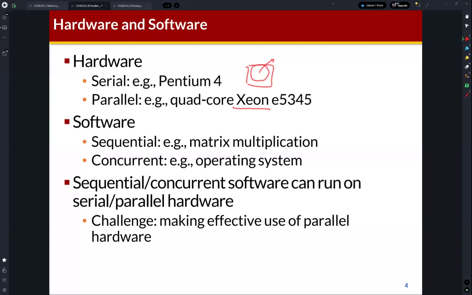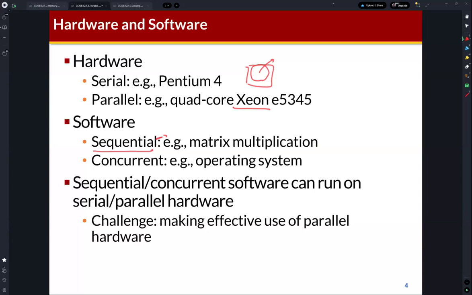And how can we categorize the software, like the sequential software? It means that a single software will generate only one thread, right? So the example is the matrix multiplication program, which is for a single thread. It's a very common and very nice matrix multiplication implementation, right?